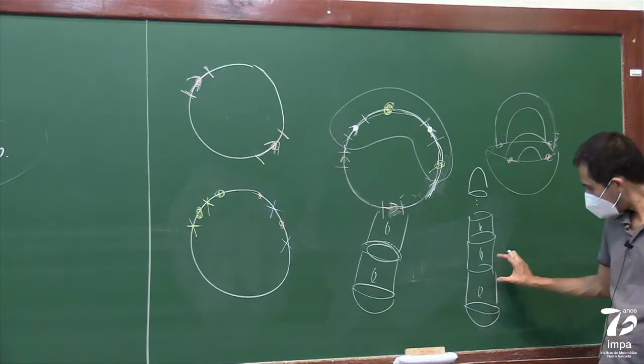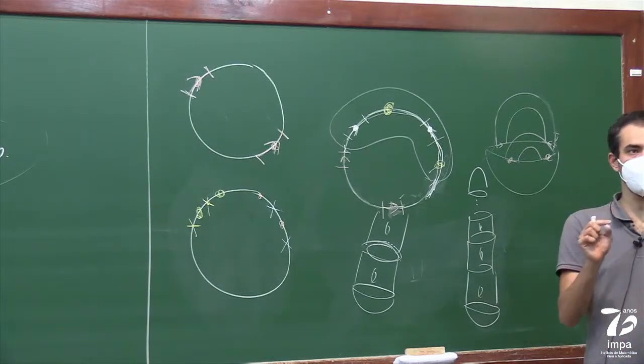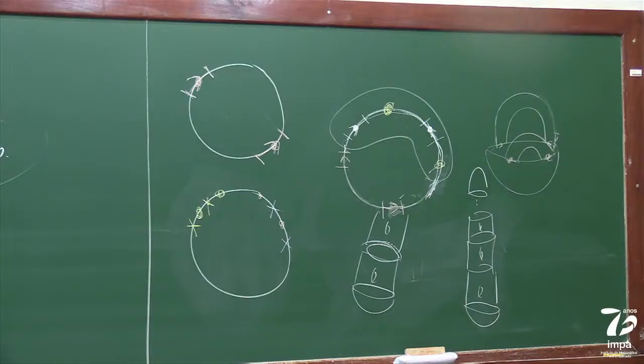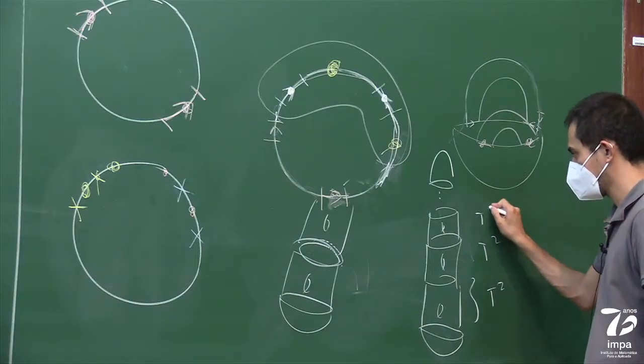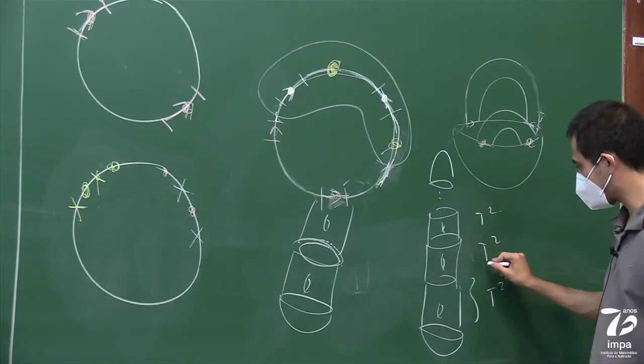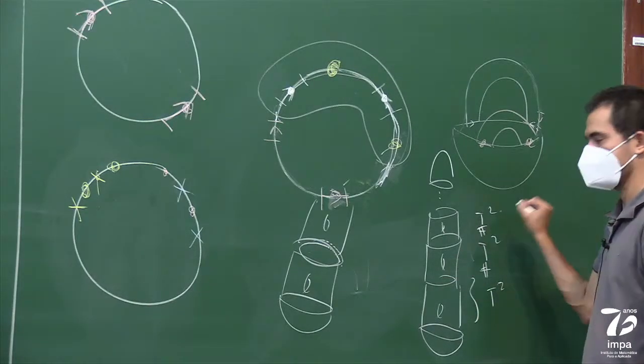Okay? So for each pair of one handles, I basically have one torus. So each of these guys corresponds to one torus. And this procedure here is exactly the connected sum.